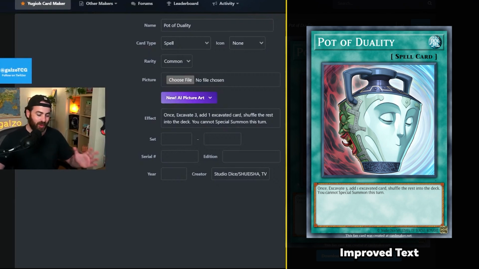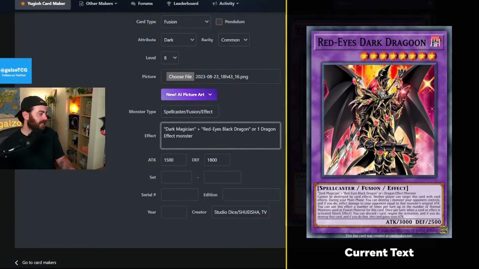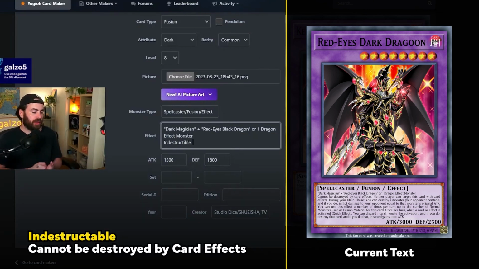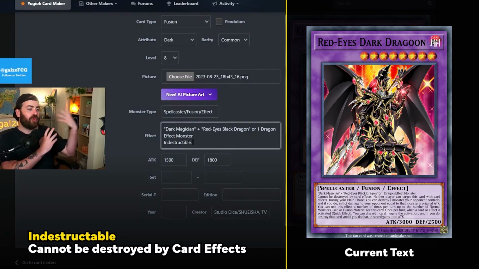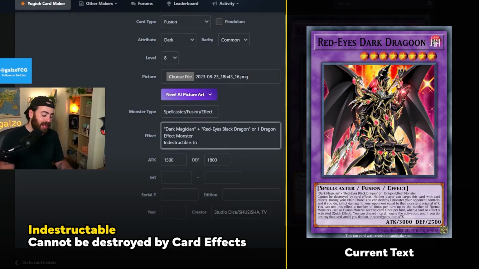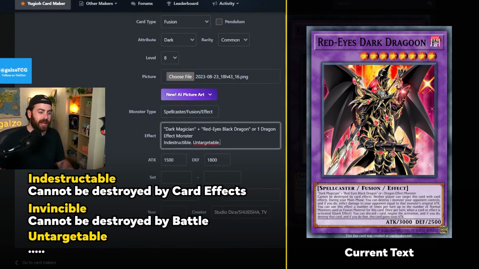But this is the simple one, right? So Dragoon today says, "cannot be destroyed by card effects." What if we just call it Indestructible? And we're going to differentiate that from "cannot be destroyed by battle." Destroyed by battle will be Invincible. So Untargetable at the very base.